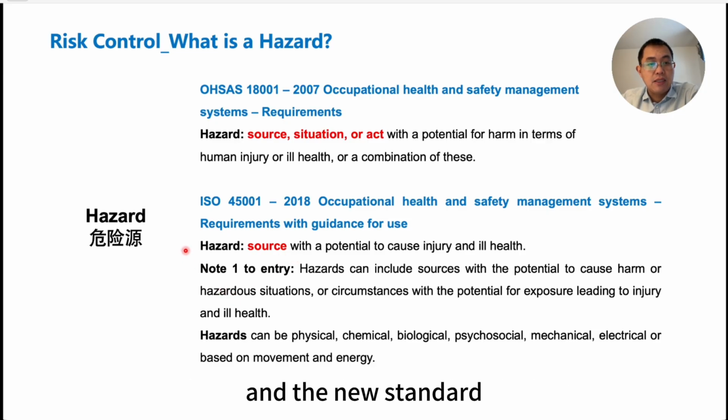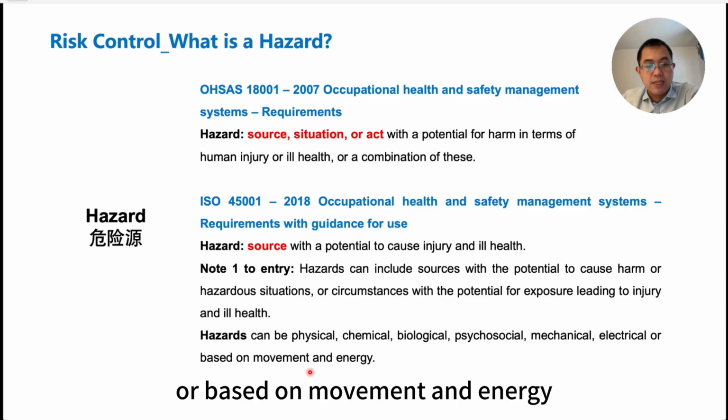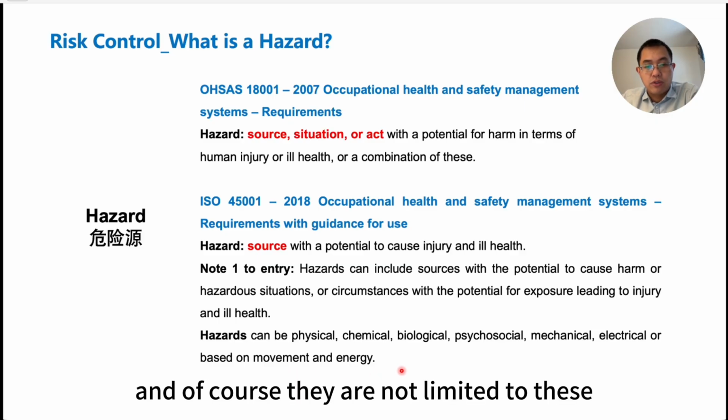The new standard, ISO 45001, also outlines several categories of hazards, such as physical, chemical, biological, psychosocial, mechanical, and electrical, all based on movement and energy. And of course, they are not limited to these.